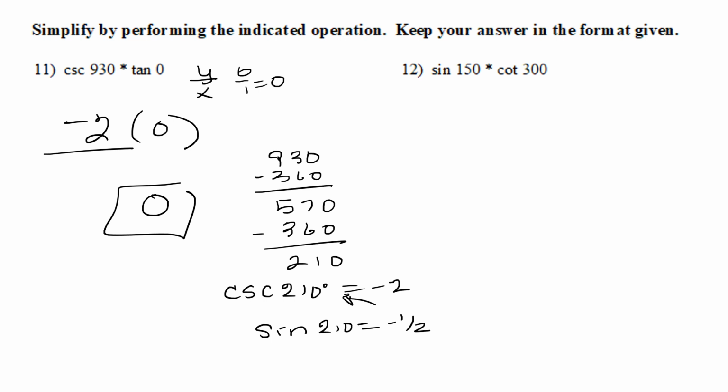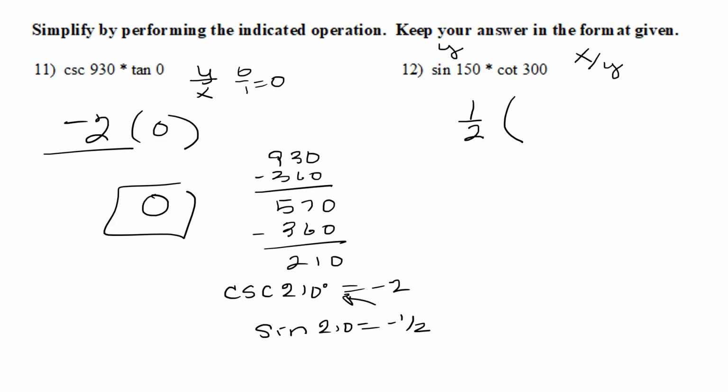Yay us! All right, and number 12, sine of 150 degrees, just my y coordinate there, multiplied by cotangent of 300 degrees, the x over the y. Sine of 150 is positive 1/2. Multiplied by cotangent of 300.